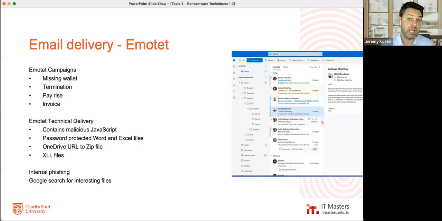So they might send another email reply all saying, here's the latest project plan or project budget for this project, please open it. And because they've got an insider email address, it looks trusted, and it also doesn't necessarily get scanned for viruses. So it's a good way to deliver it.